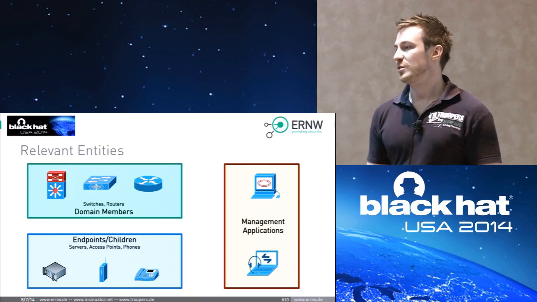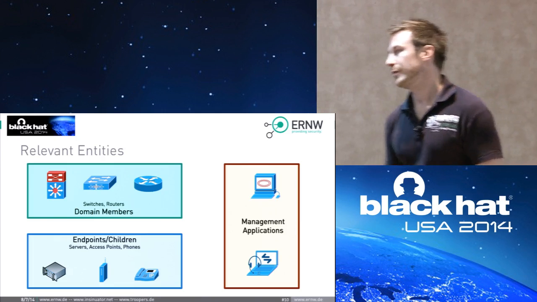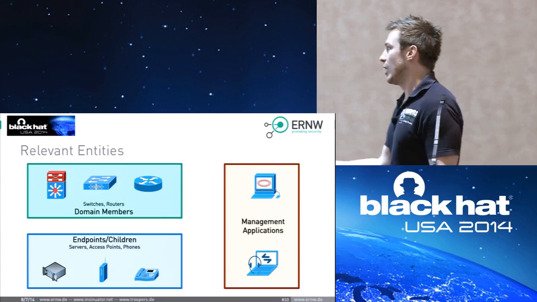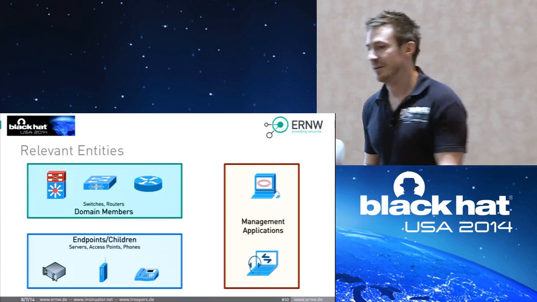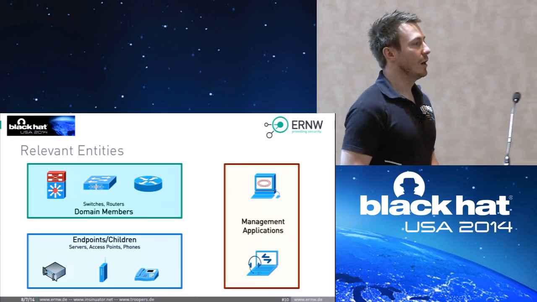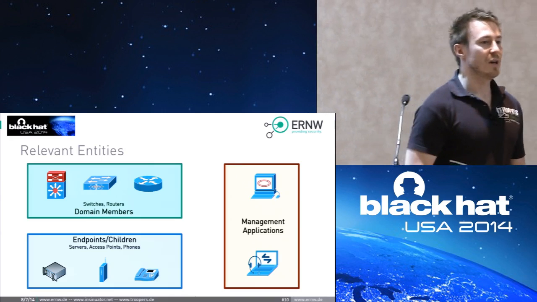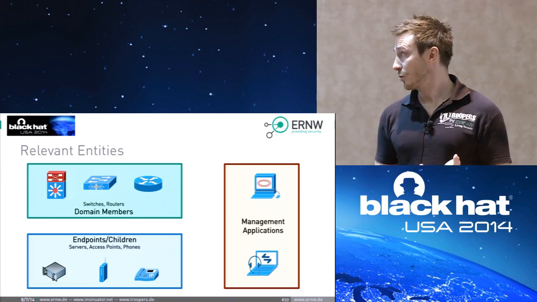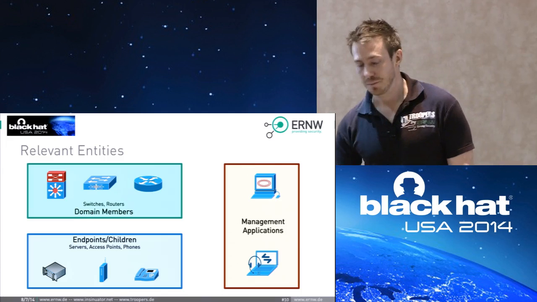And those are responsible for forwarding all the queries through the network. We will see that on the next slide. And then we can have a variety of different endpoints, also called children. I will explain that later. They are managed by EnergyWise.